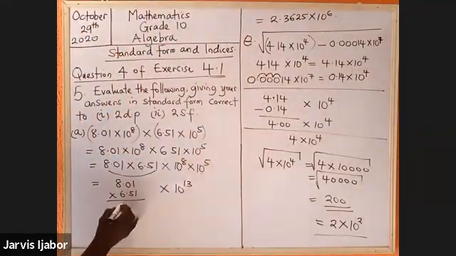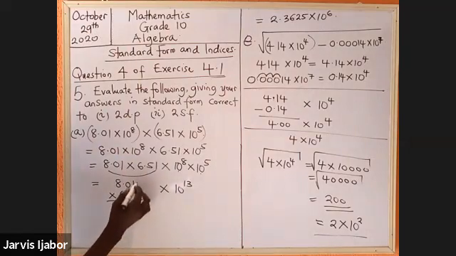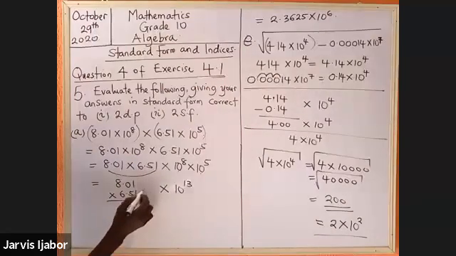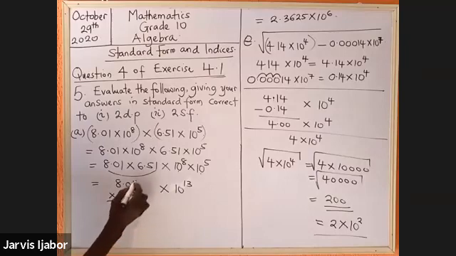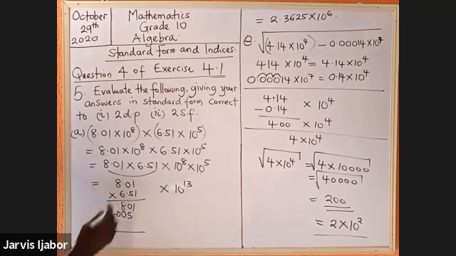So let's go. This will give me 801, 108. Now 5 times this will give me 5, times 0 will give me 0, times 8 will give me 40. Remember, we are adding. Now, 6 times 6. 6 times 1 is 6, times 0 is 0, times 8 is 48.